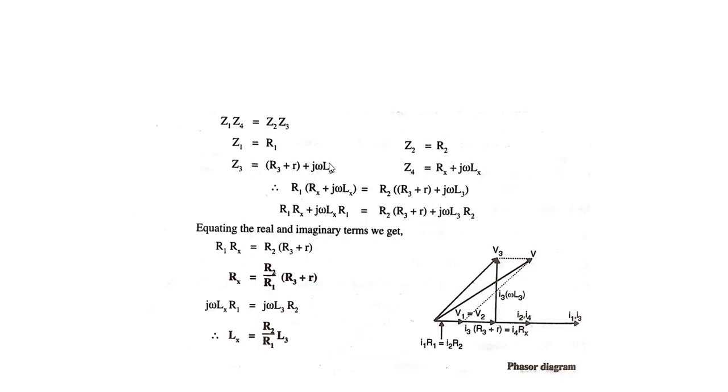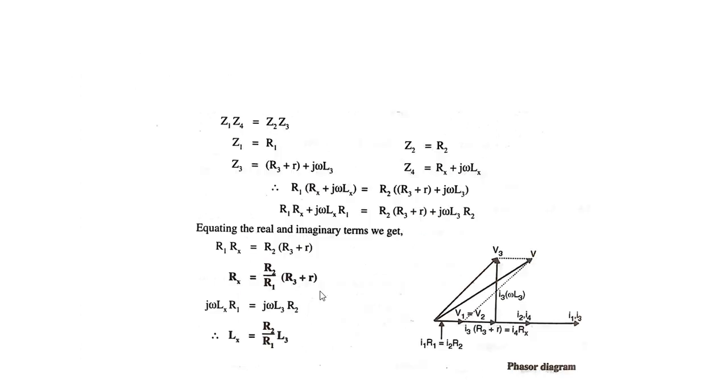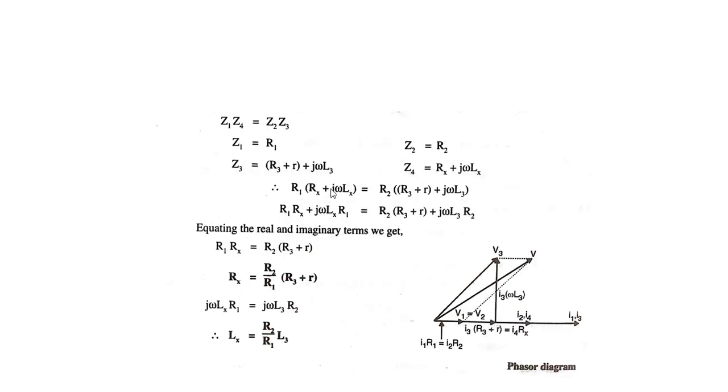Again, Z1 into Z4 is equal to Z2 into Z3. Now see here, what is Z1? Z1 is R1, very simple. What is Z2? Z2 is again R2, with no impedance part, meaning no capacitive or inductive part, because no component is there in that branch.